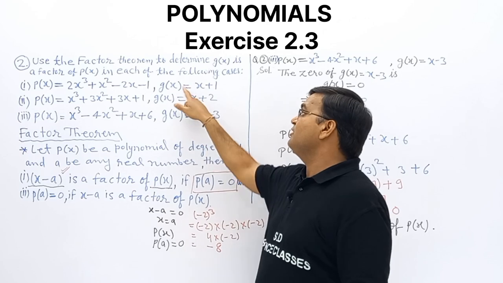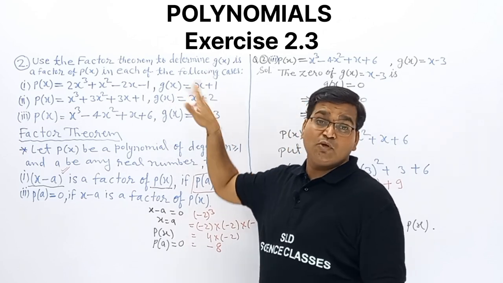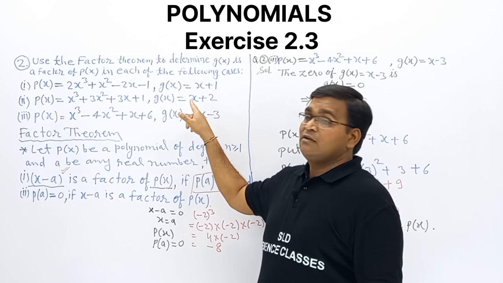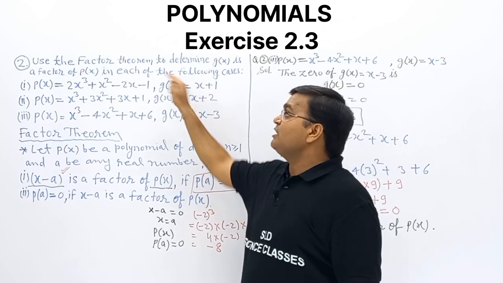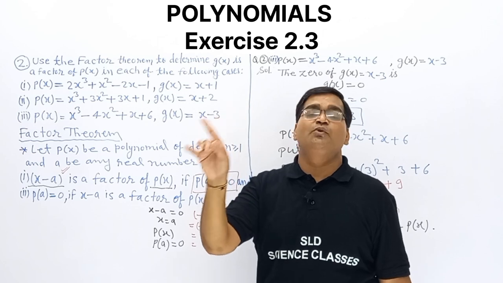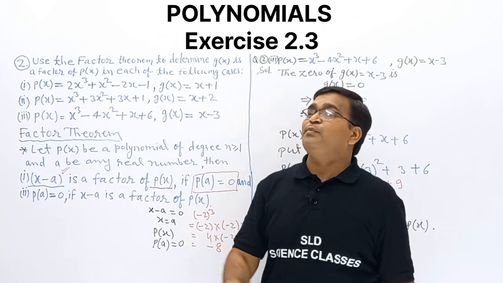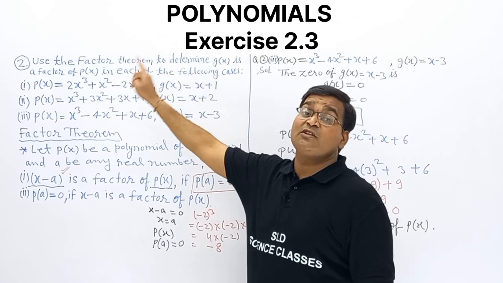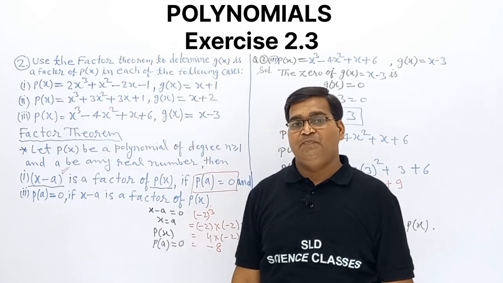So first we find the zero of the given factor. We put it equal to 0, then put the variable value in the polynomial. If we get the polynomial value equal to 0, then that factor will be a factor of that polynomial, otherwise not.